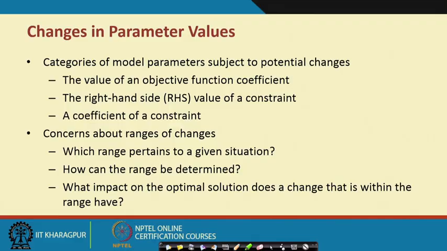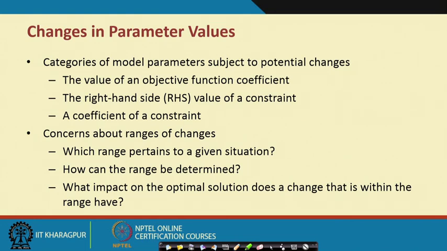For instance, let us say our objective function is with respect to x 1 and x 2, where the coefficient of the objective function for x 1 is 60 and 50 for x 2. Then you allow the particular coefficient to change with a 10% increase, 20% increase, 30% increase, keeping other things constant, then you look for the optimum solution.